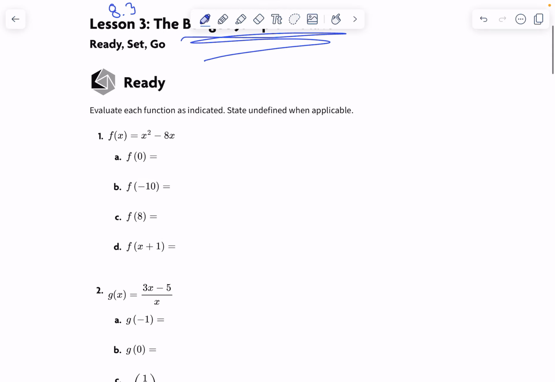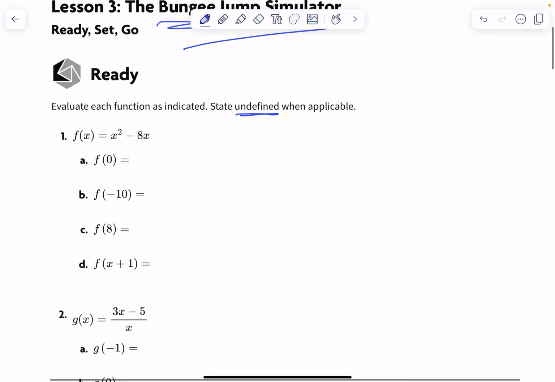So, evaluate each function as indicated, state undefined when applicable. Okay, so we have a function here, right? This is my function, and we should be familiar with if there's an f of 0, this means that this is my x. So then f of 0 is equal to 0 squared minus 8 times 0, which is just equal to 0.